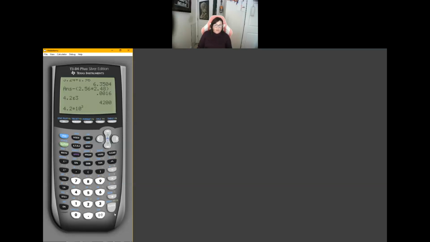The reason that we don't do that is that if we do calculations with this, we can end up with a placement error. We end up with an extra zero in different places. If you do it multiple times, you can end up with way too many of those issues. So make sure that you're entering this as scientific notation, otherwise your number may not come out the way it's supposed to be, okay? So remember, again, that's 4.2 second EE and then 2 for that, 3 for that 10 to the third, okay? So make sure you do it that way. All right.